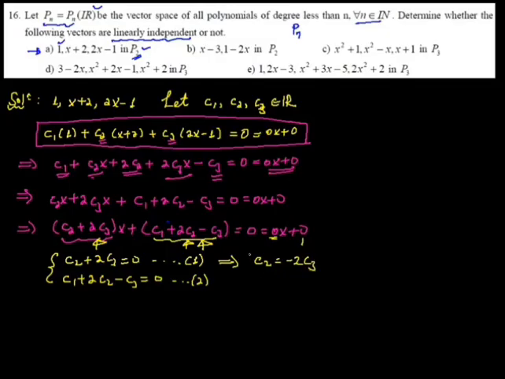Now we substitute this value into equation 2. In equation 2 we have c1 plus 2 times c2, where c2 is minus 2 times c3, so we substitute minus 2 times c3 for c2, minus c3 is equal to 0.